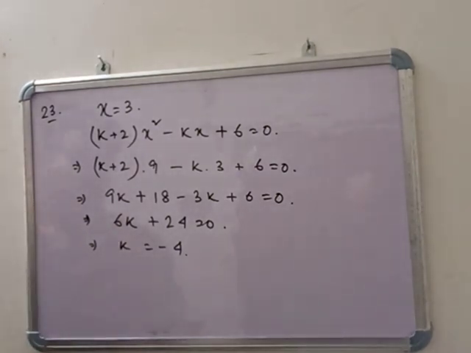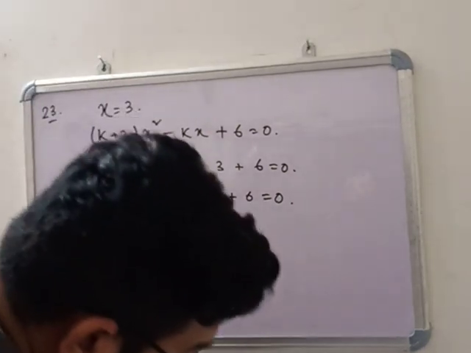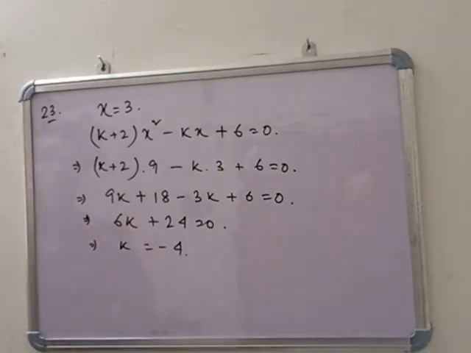Okay. Now you have to put the value of k and find the another root of the equation. You are already given x equals 3 and you have to find the other root. Now you put the value of k in this equation and we get another root. Now see that, note it down, all of you.